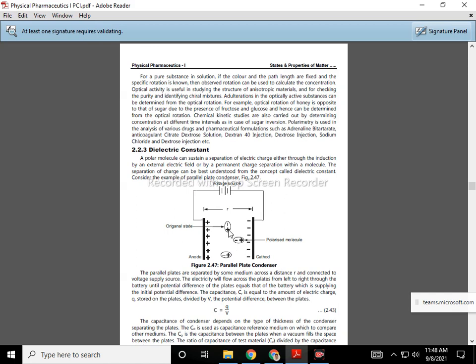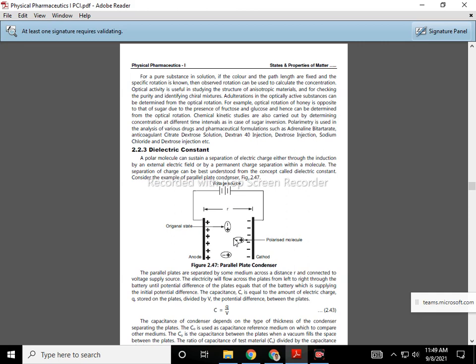By doing so, we will get the capacitance of water. So we got C by placing the water in between the two plates.